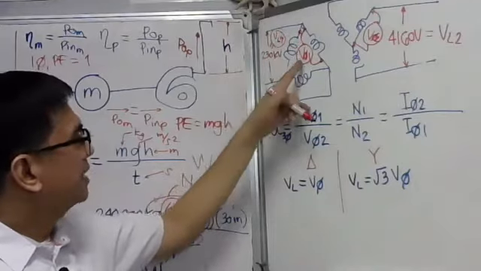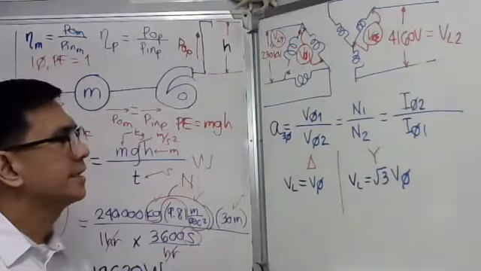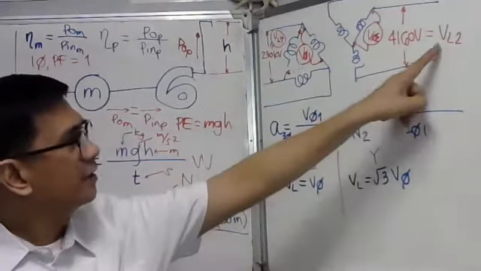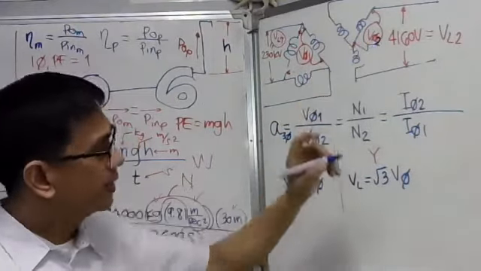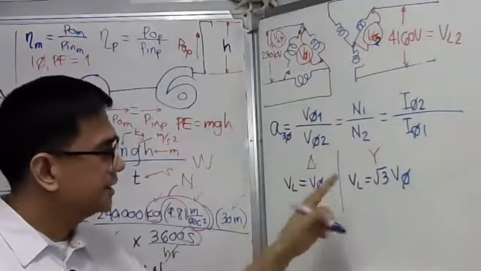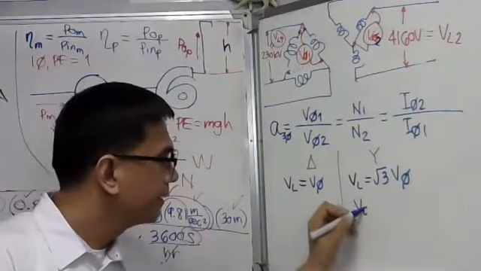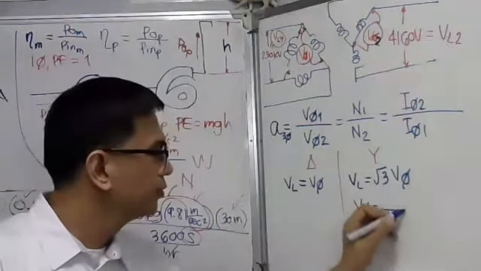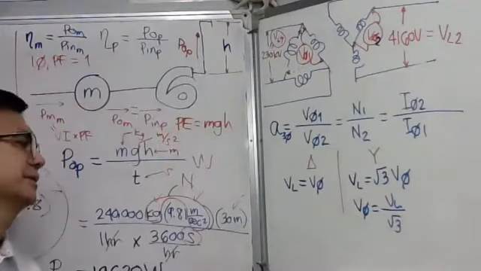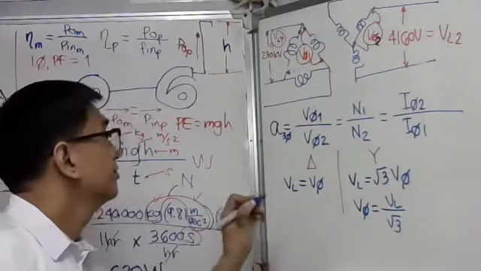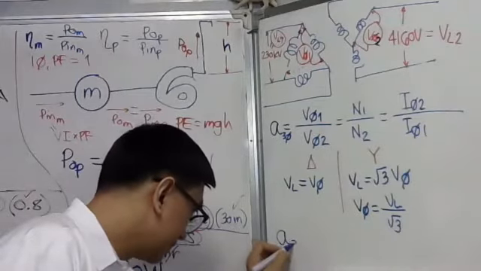In Y, this is the line voltage. To get the phase voltage, the V phase secondary, V phase will be equal to VL over square root of 3. So now we are ready to have the transformation ratio for 3-phase.